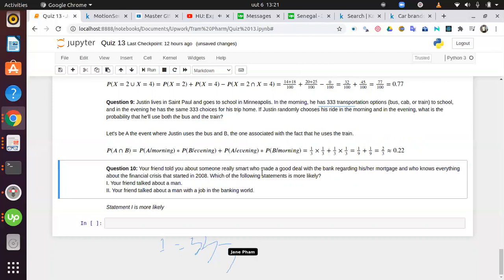Don't refer to the 3, refer to the number of possibilities. There are three possibilities. Either it is a bus, a cab, or a train. And in the evening, he has the same choice. So total is 3 times 3 if the random ride in the evening. Use both bus and train.